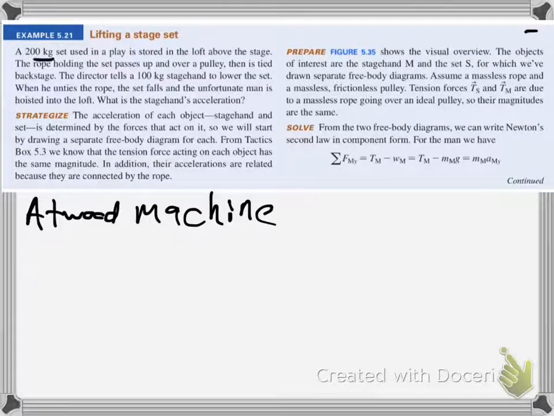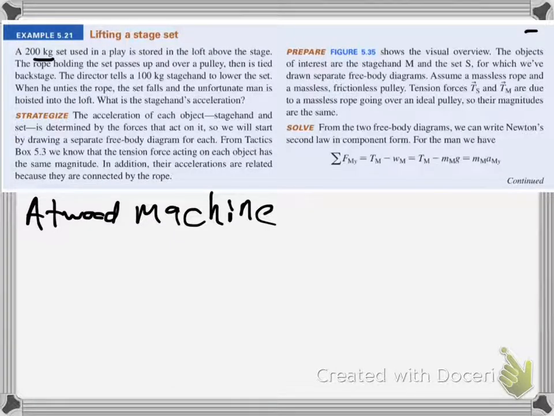We're given that the mass of this set is 200 kilograms, and it is stored above the stage. The rope is going through a pulley. The director tells a 100 kilogram stagehand, so a person, to lower the set. When he unties the rope, the set falls, and the unfortunate man is hoisted into the loft. What is the stagehand's acceleration?